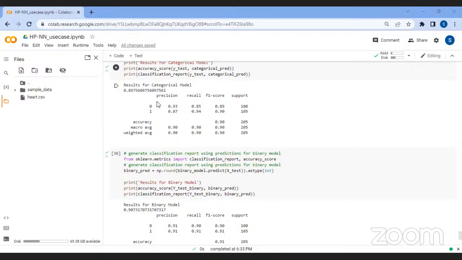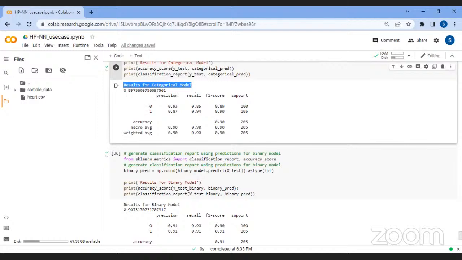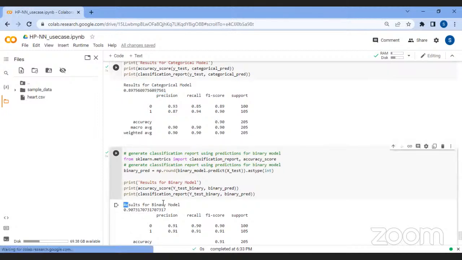There is not much difference, but for the categorical model the accuracy we achieved is 0.89, and for the binary model we achieved an accuracy of 0.90.